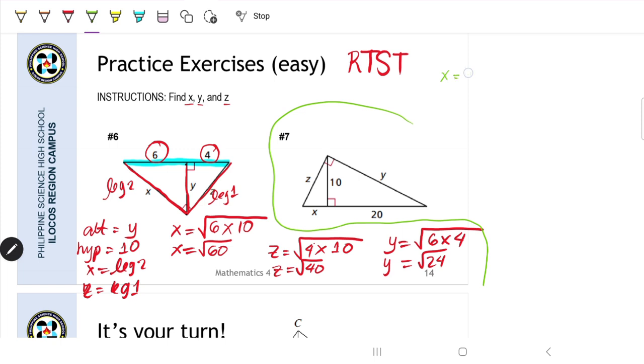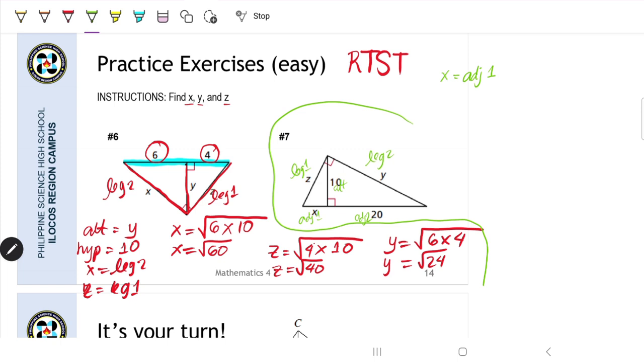But x is equal to adjacent 1. So if I'm going to label this as altitude, leg 1, leg 2, adjacent 1, adjacent 2. So in order to solve adjacent 1, kailangan mo muna yung other equations, no?